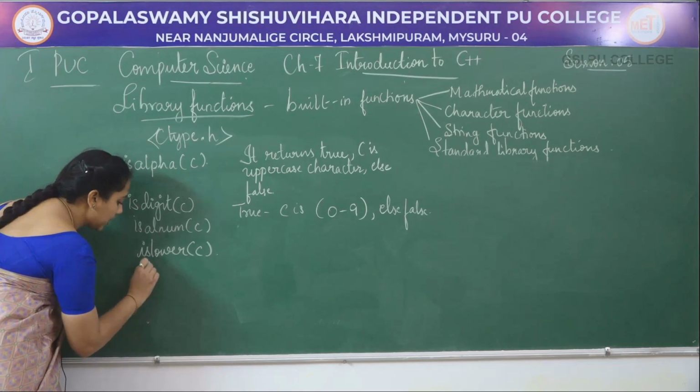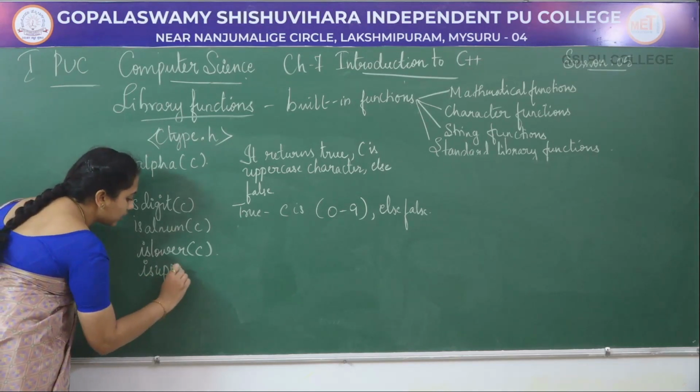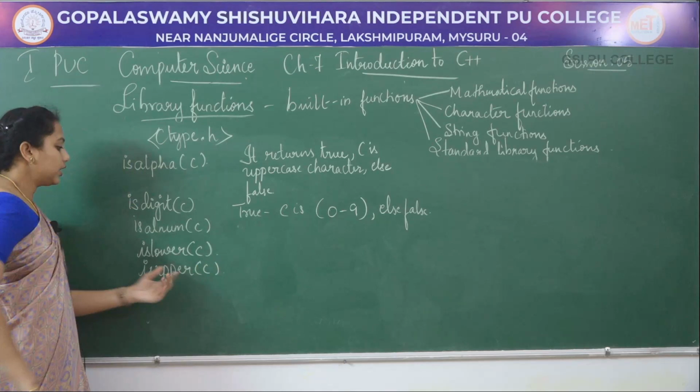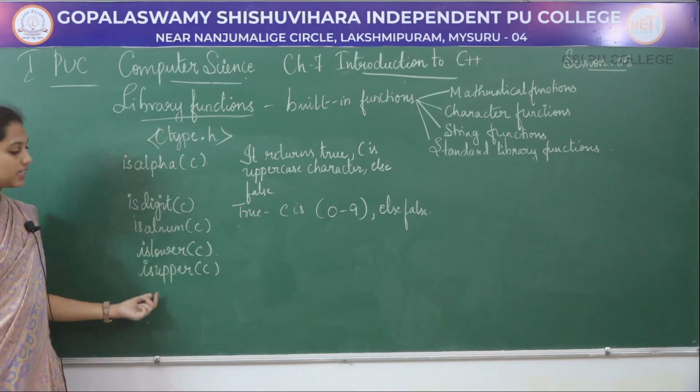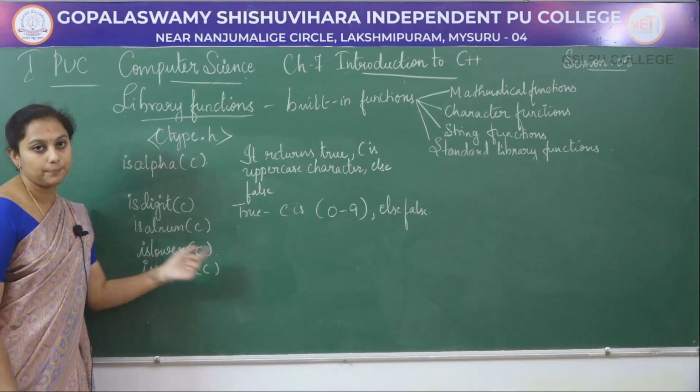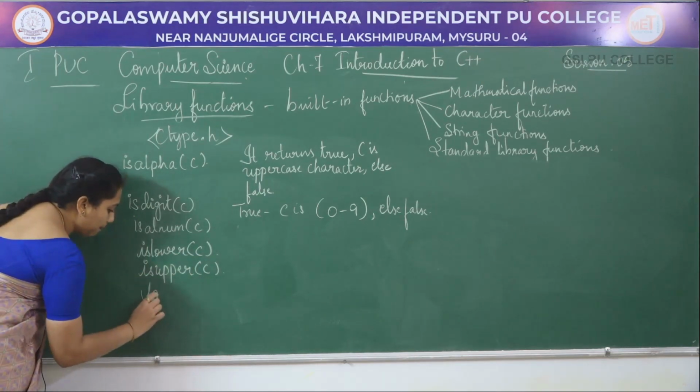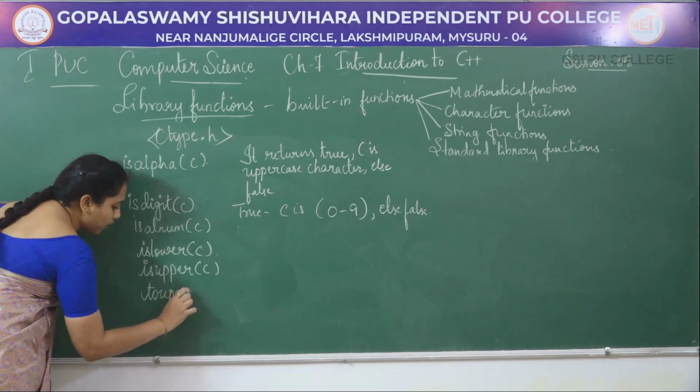Next is the islower function. This function returns true when c is a lowercase letter, else it returns false. Next is the isupper function. This returns true when c is an uppercase character, else it returns false.